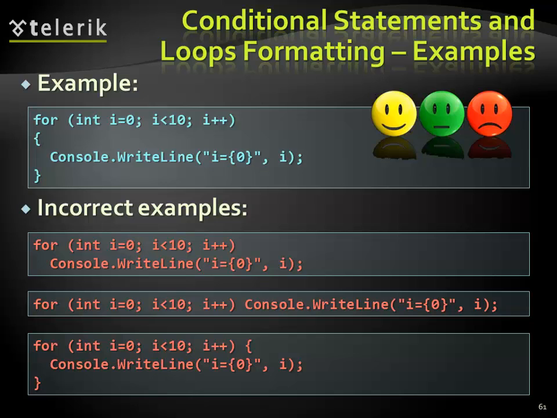So that makes the line of code very long often and not as readable as if it were better formatted. And on the third example, we have the first brace put on the same line where the for statement is, while in fact we would expect to have it alone on a separate line. Just to mention that this notation with the third example is used often in the Java world, so you can see it in JavaScript, but not with C#.